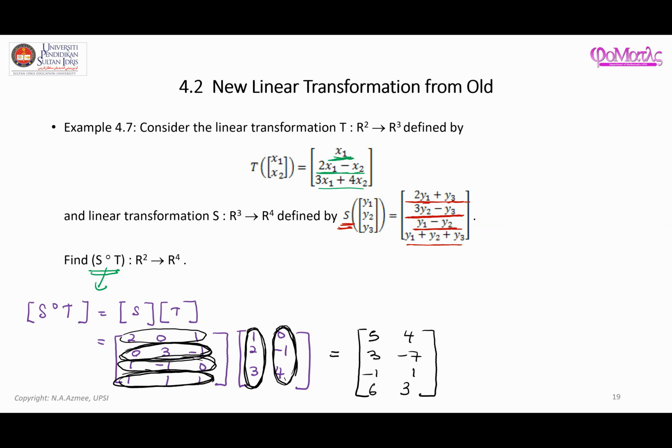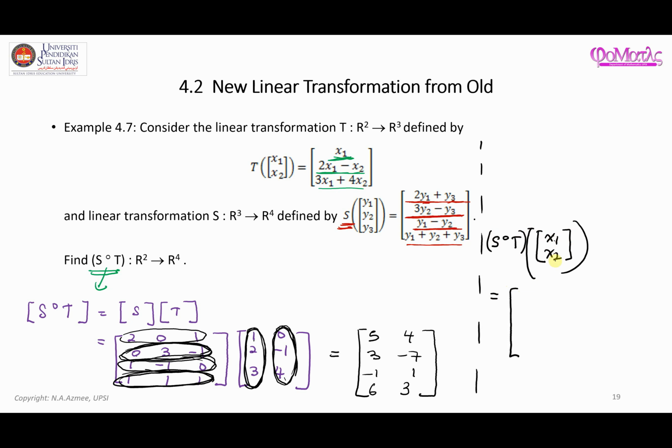So based on this, I'm just going to write down this here. Therefore, if you have this composition of these two transformations and you give vector x1 and x2 to this function, the result is going to be represented in this way.